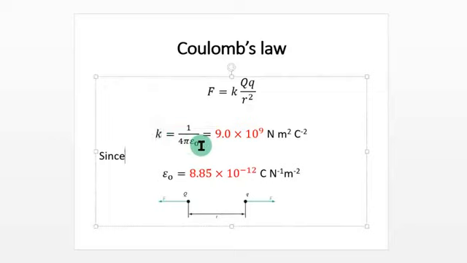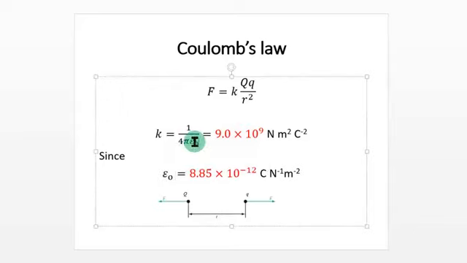It is a constant, unless we change the medium in which the charges are. If the charges are in oil, then this epsilon, which currently has a value of 8.85, will be different. This epsilon is for free space or vacuum. So if the charges are found in vacuum, then we use this epsilon, and that will make K 9.0.